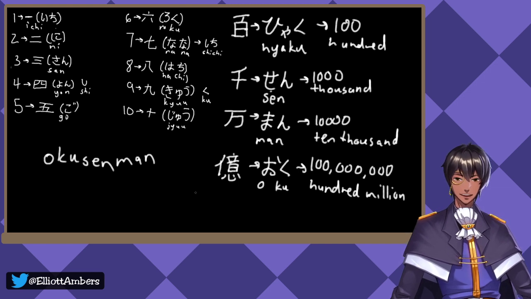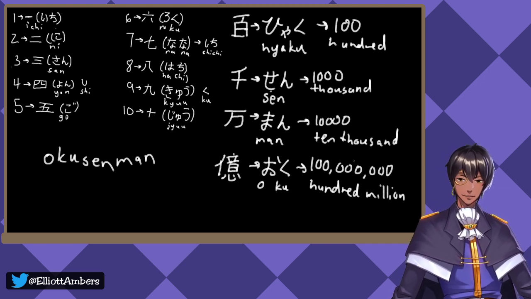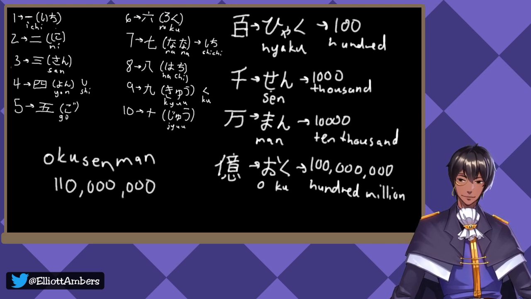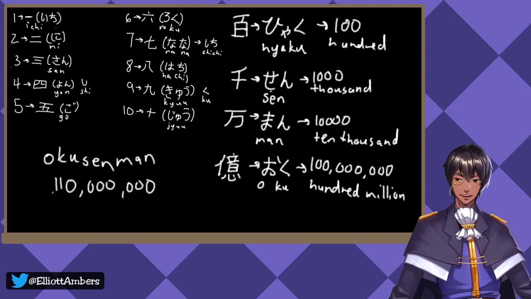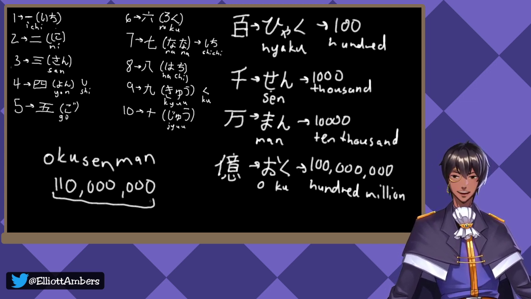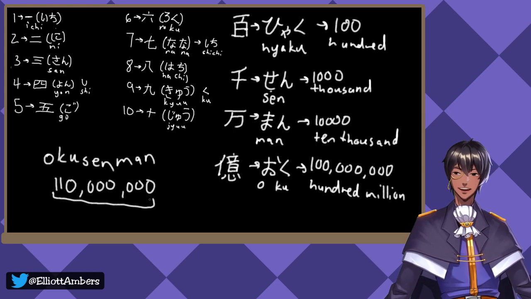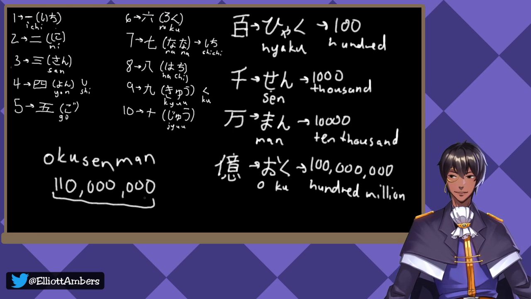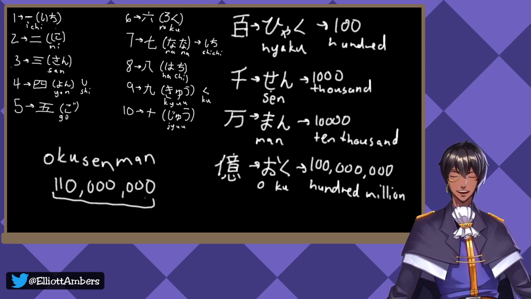So that would be 1, 2, 3, 4, 5, 6, 7. Yeah, that would be 110 million. And that's what the title of the song was. I think they were talking about the power of his youth being 110 million, or the feelings that you gave me were 110 million. I don't know if there was some special meaning behind that, but it was a really catchy song.